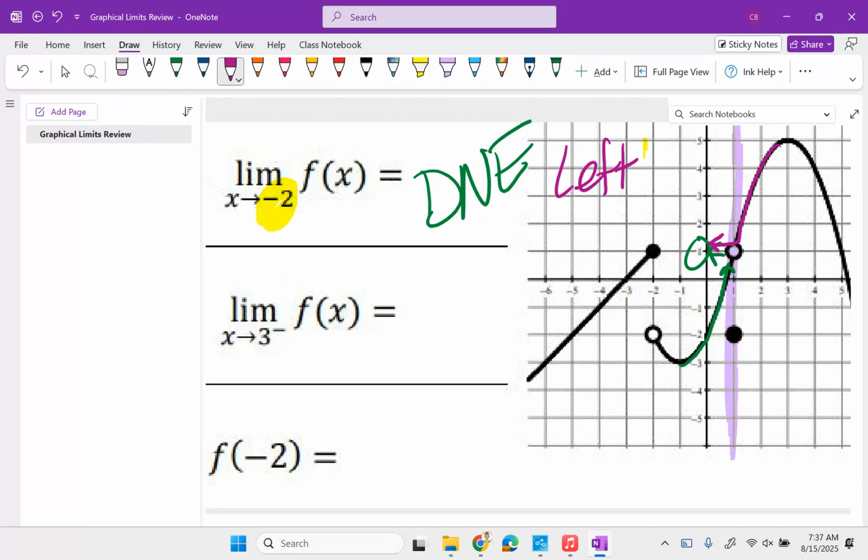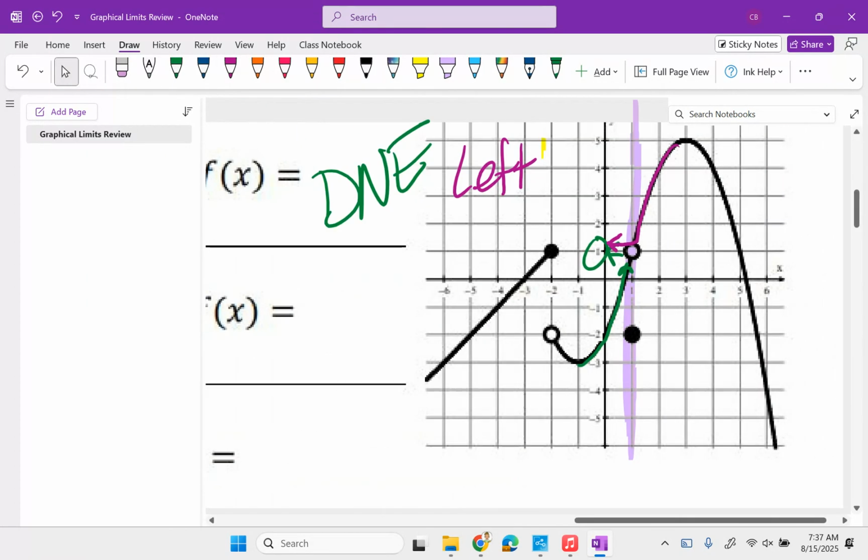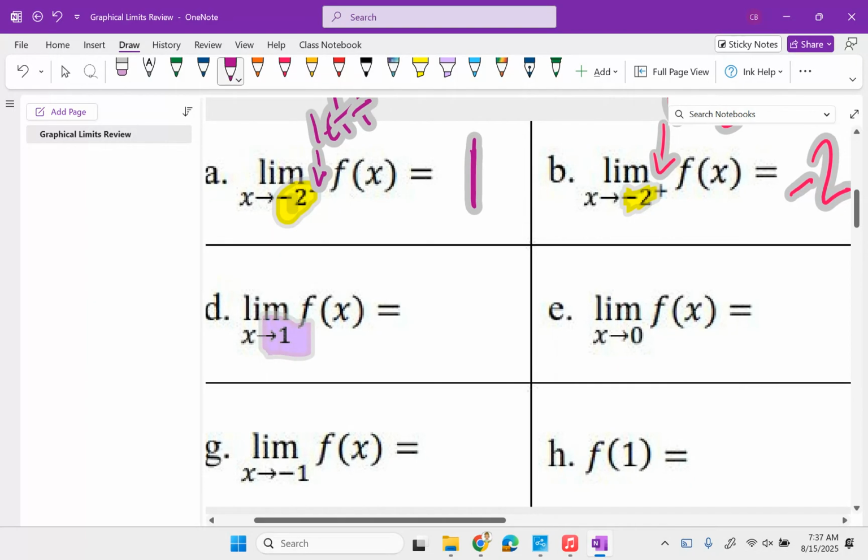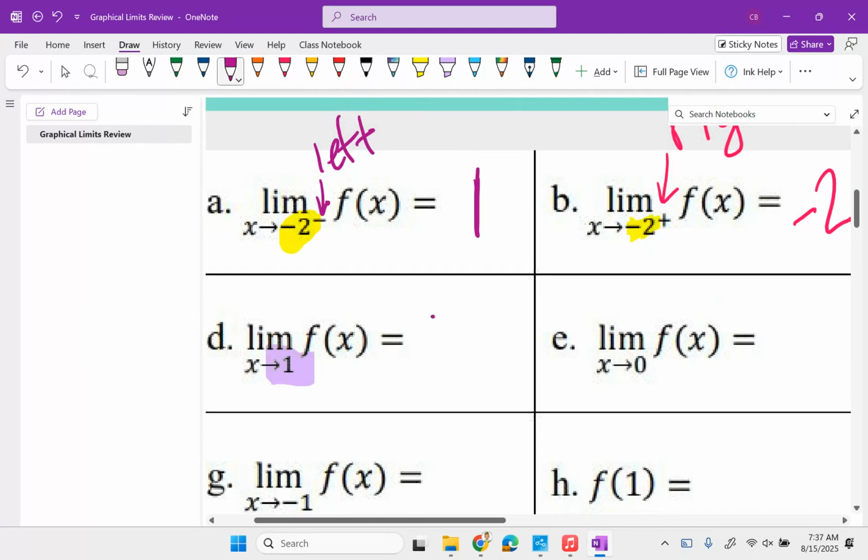So I'm approaching the same y value. It's not what it's equal to, it's what it is approaching from both sides where the function is continuous, okay? All right, so does it match? So what's my overall limit? 1. Oh, sorry, it's not right. There we go, 1.